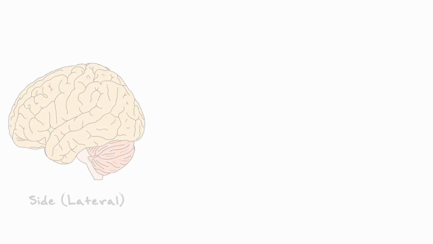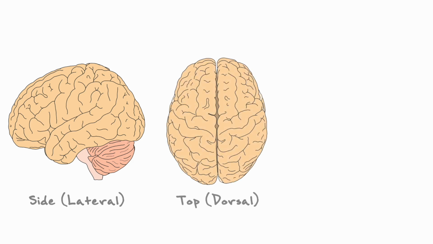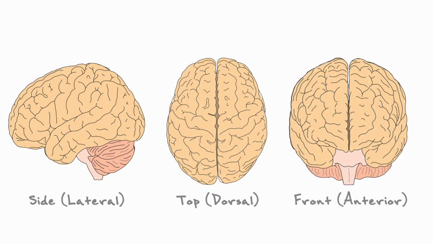Now, as you might have noticed, although the brain and spinal cord have some features that we can examine on their surface, there are a lot of important structures in the CNS that can only be seen through cross-sections. Due to the complex 3D structure of the brain, there are 3 different types of cross-sections that can be made. One from the side or lateral view, one from the top or dorsal view, and one from the front or anterior view.